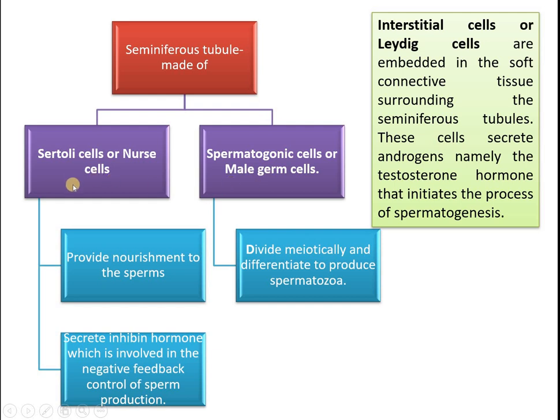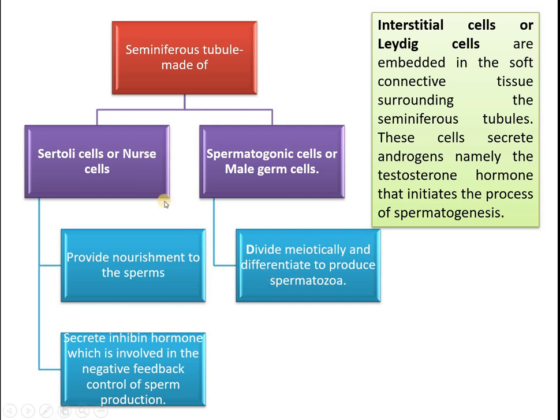The Sertoli cells or nurse cells provide nourishment to the developing sperms, and they also secrete inhibin, the hormone which is involved in negative feedback control of sperm production. At the same time, the spermatogonial cells or male germ cells divide meiotically and differentiate to produce spermatozoa.